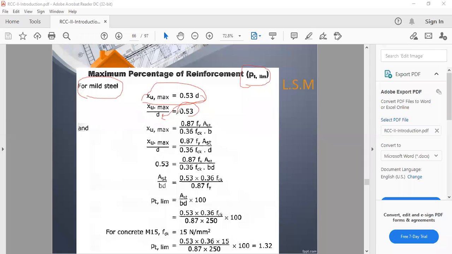XU max by D ratio is 0.53. But you also know the value of XU: 0.87 FY ASC by 0.36 FCK into B. Let us say this is your first equation.